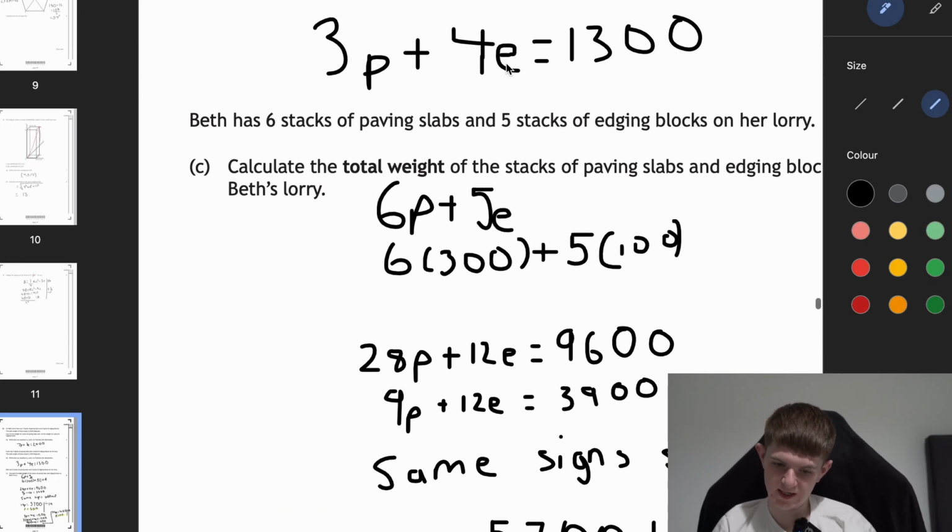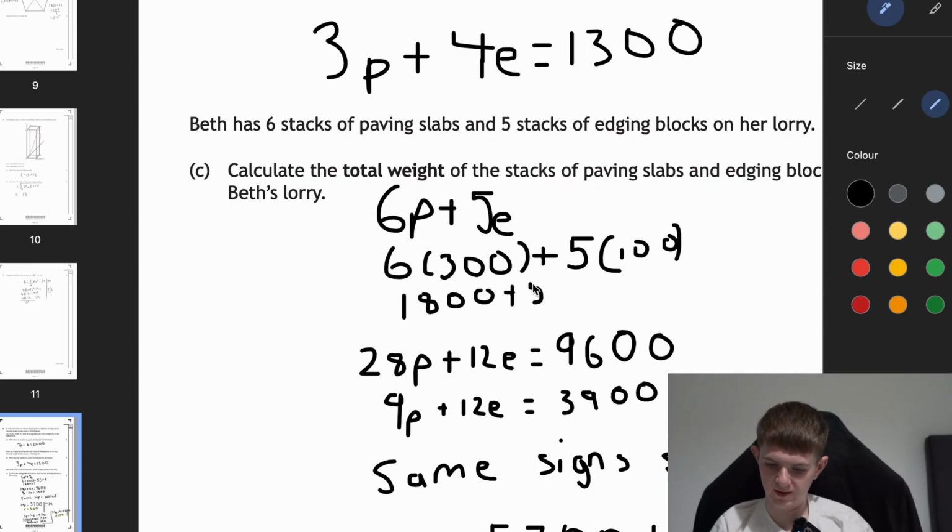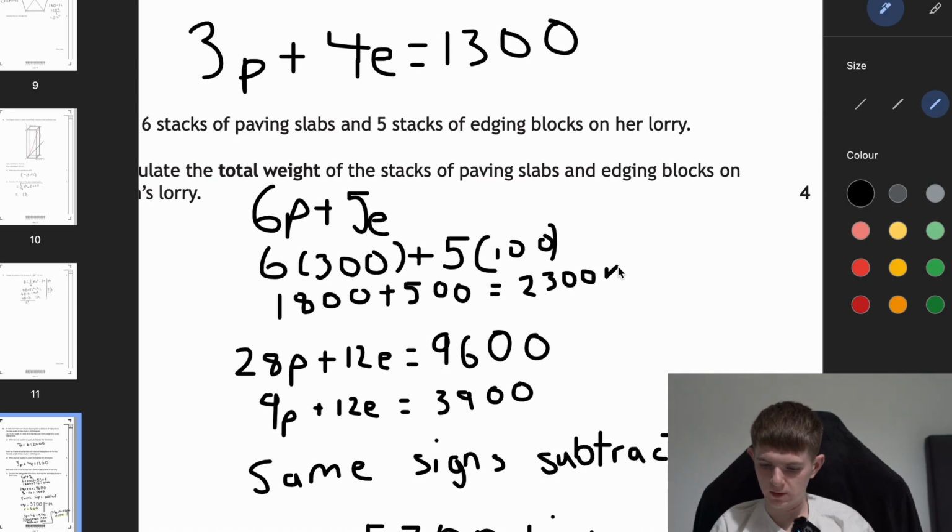So now 6 times 300 is 1,800, add the 500 here. So that means that Beth's lorry was carrying 2,300 kilos. And that is our final answer.